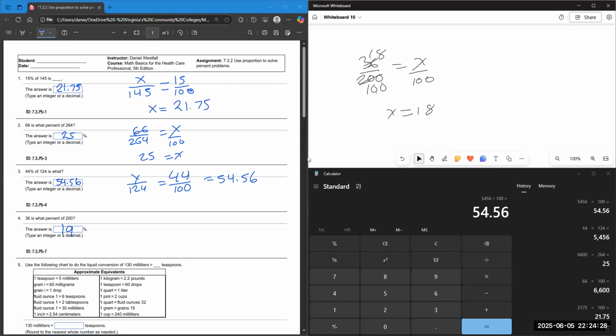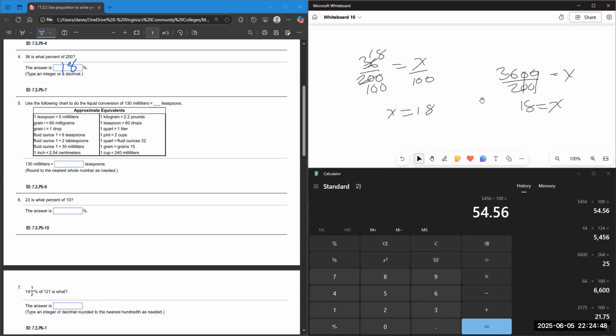But that was the right idea. If you want to multiply it all out, feel free. 3,600 over 200 is X, and 36 divided by 2 is 18.